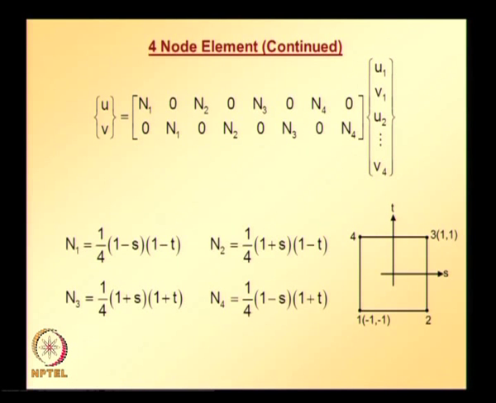Once we know these shape function expressions, we can also write expressions for isoparametric mapping, that is how x, y are related to s and t, how the actual element coordinates are related to the parent element coordinates.